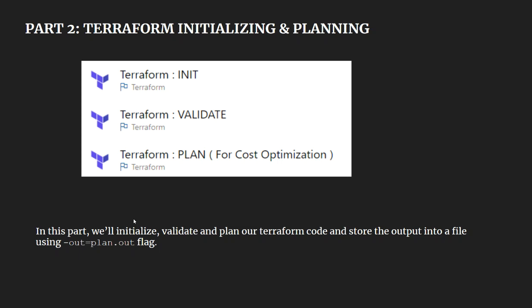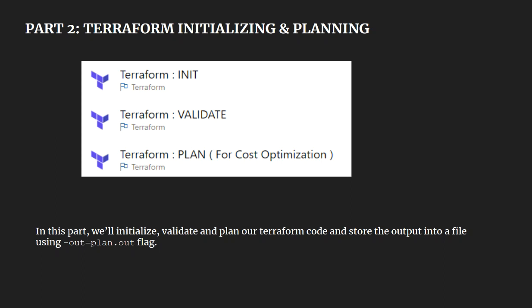Then in part 2, Terraform init and plan. We will implement that: first Terraform init, then validate, then plan. If any of these steps fails, CI will break, and the concerned person will get a message that this particular CI is broken because of this error. Okay.